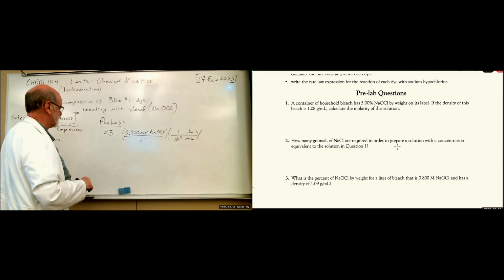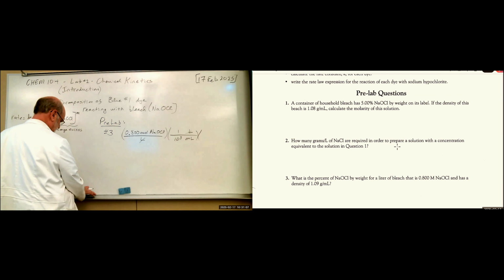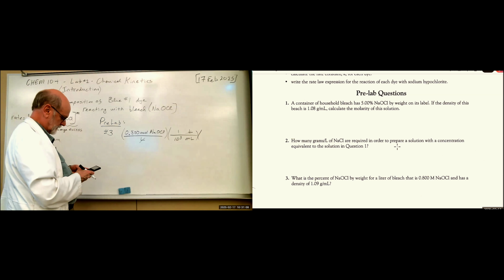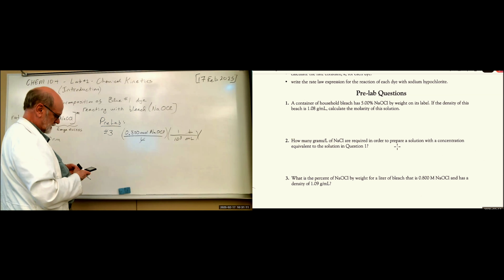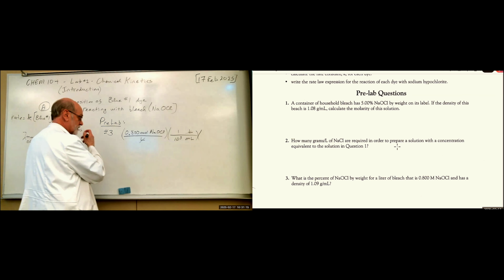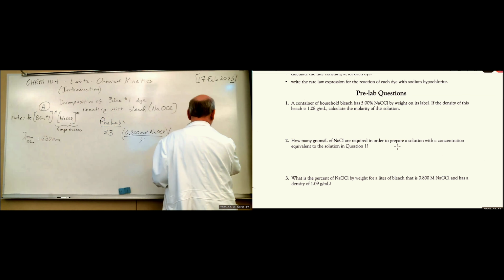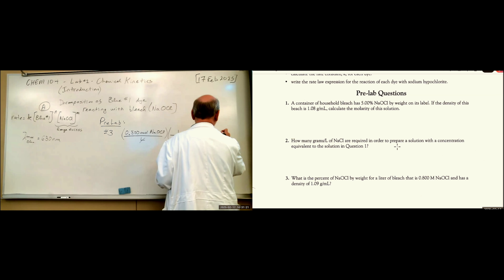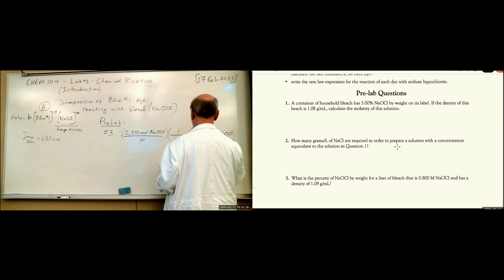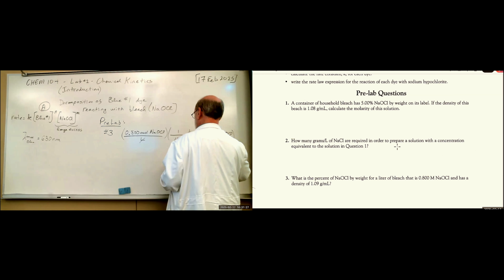The molar mass of sodium hypochlorite. And calculate it again. 23, 16, and 35.45. So this is 74.45 grams of sodium hypochlorite per mole.